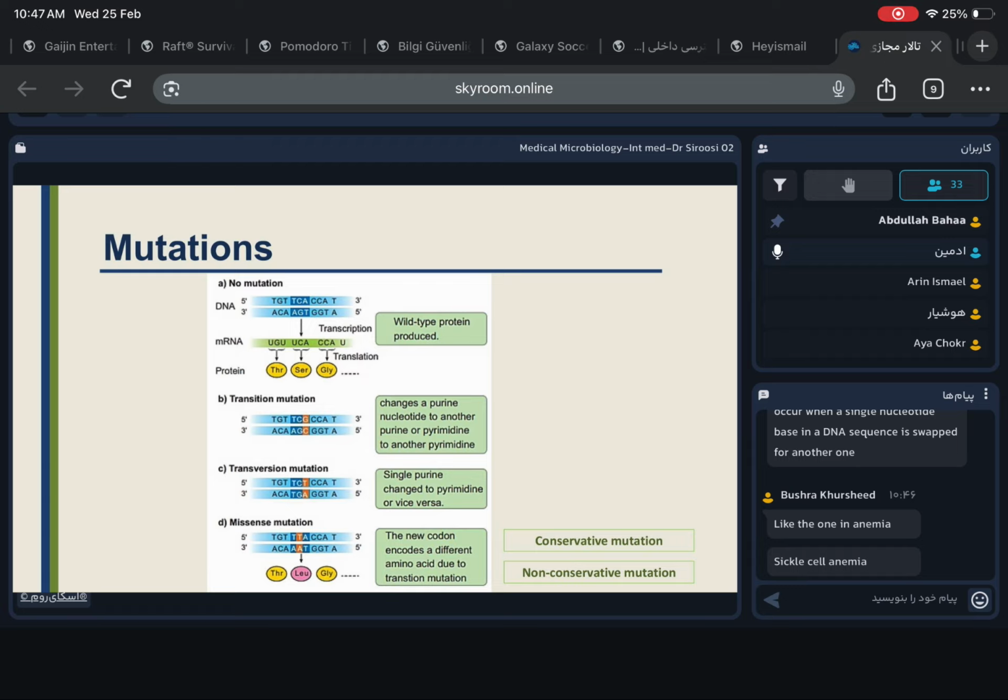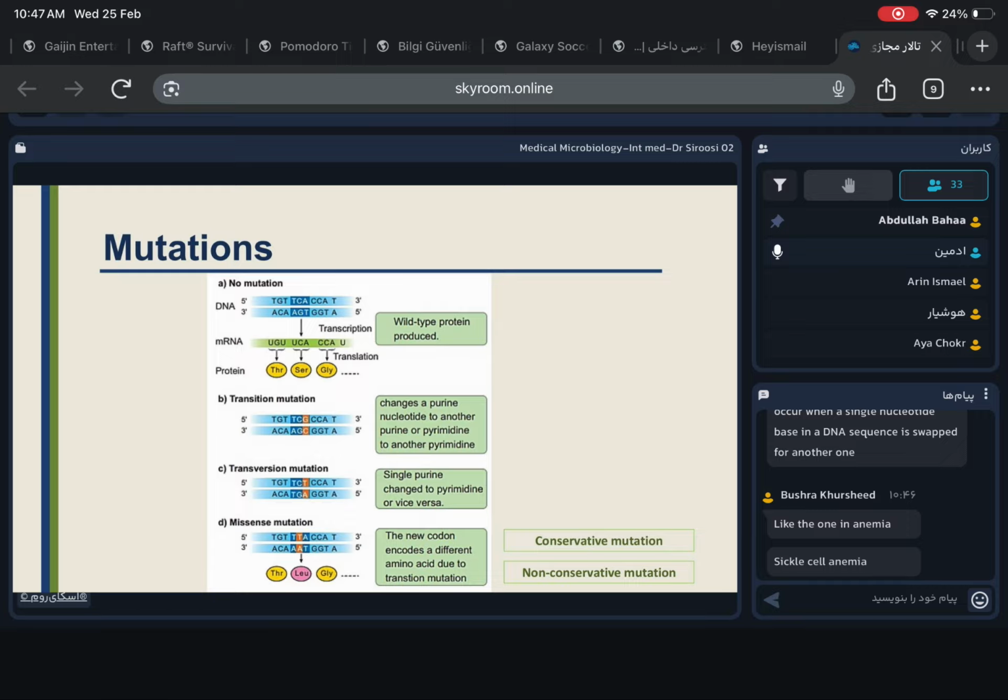There are two types of missense mutations: conservative missense mutation and also non-conservative missense mutation. In conservative missense mutation, the new amino acid has similar properties to the original one. Maybe the new amino acid, which is replaced with the original one, is having similar properties.